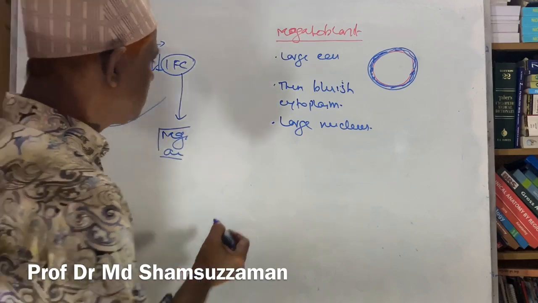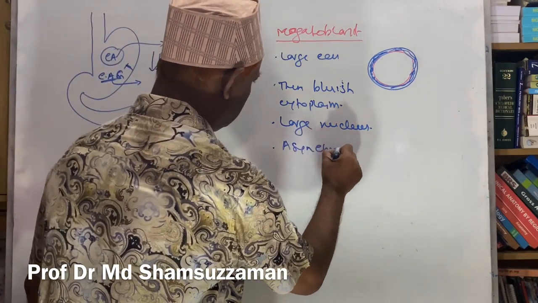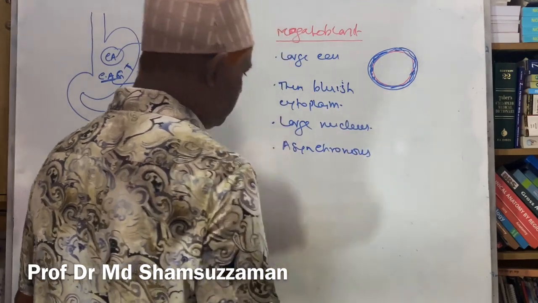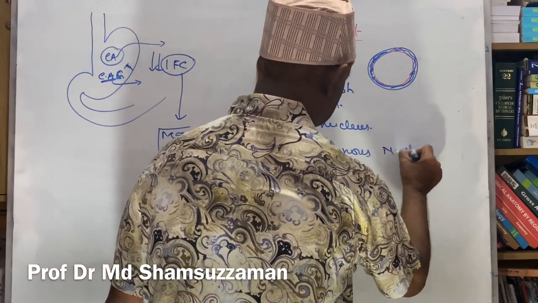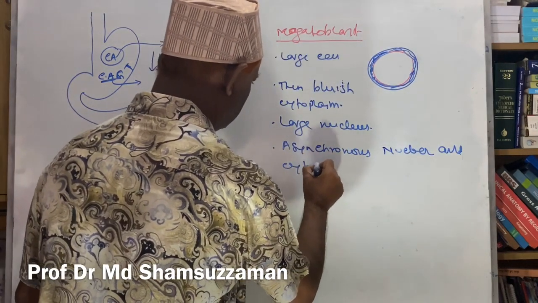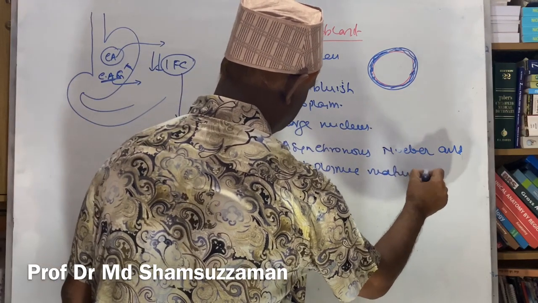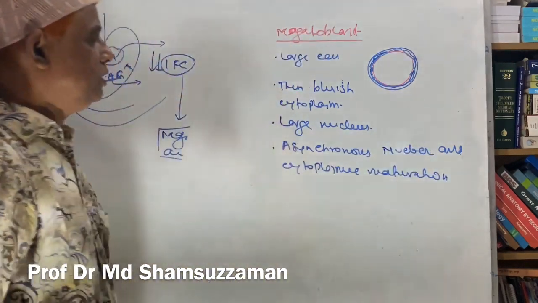And the characteristic: asynchronous nuclear and cytoplasmic maturation. What does it mean?